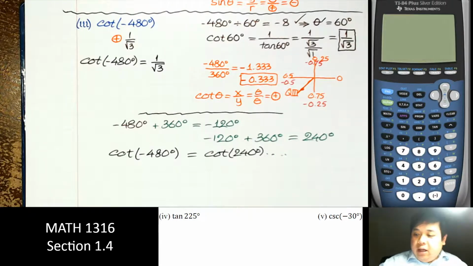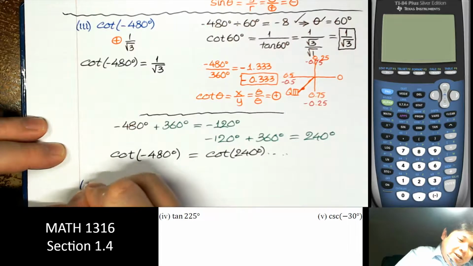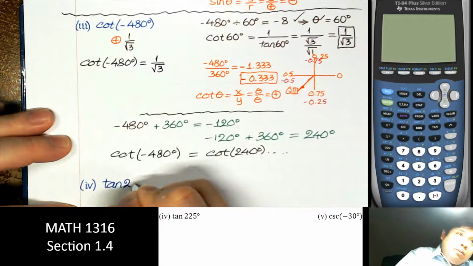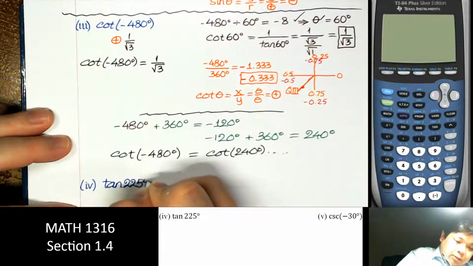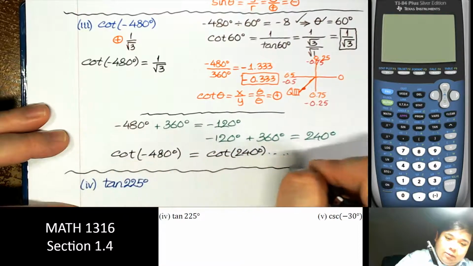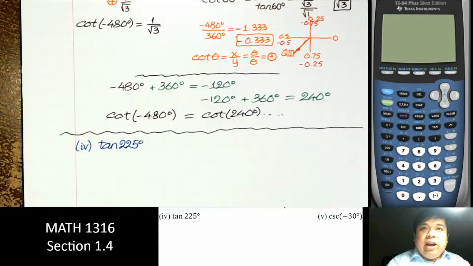Right, let's continue. Tangent of 225. Obviously, 225 cannot be divided by 90, because if it ends with 5, it cannot be divisible by 90.